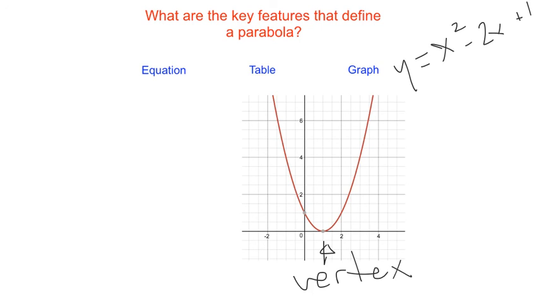There's one other thing that is kind of nice, and if you look at this graph carefully, you'll see that it's mirrored in the sense that everything to the left of the vertex is mirrored to the right of the vertex. So if we were to draw kind of a mirror line, that would pass through the vertex, something like this.